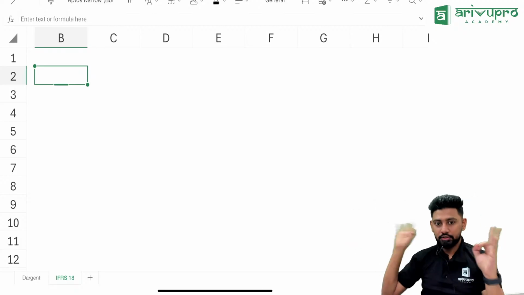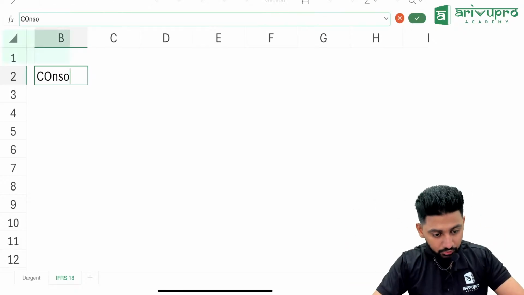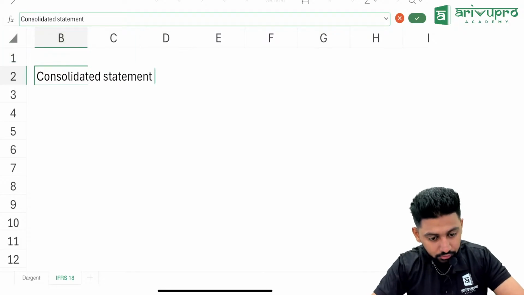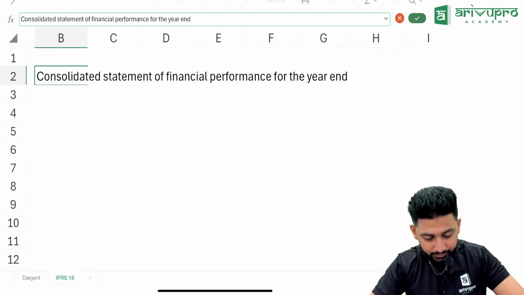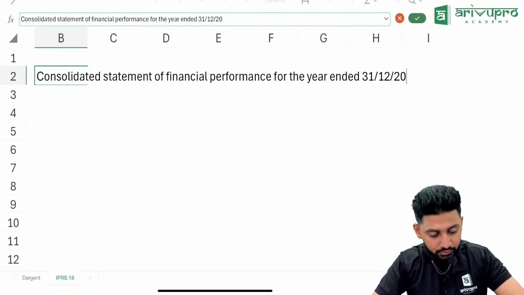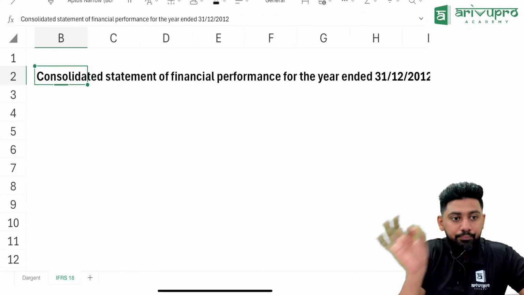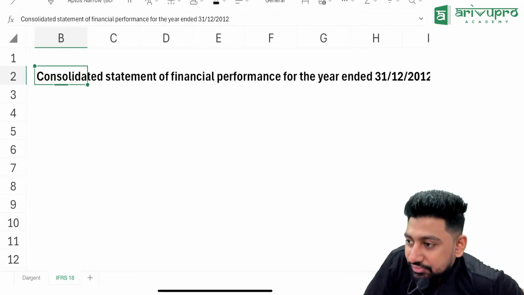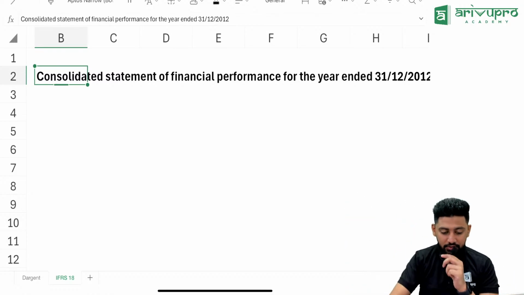Performance and position, that's going to change. So we'll say consolidated statement of financial performance for the year ended 31st December 2012. So P&L is replaced as financial performance, and the balance sheet is financial position.